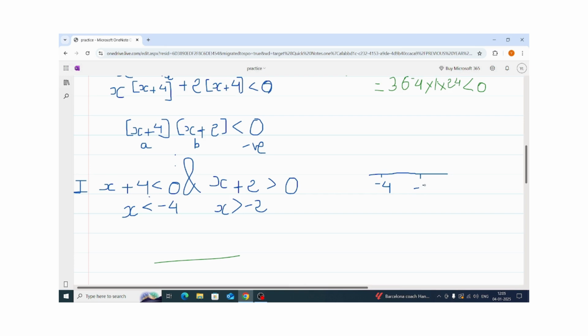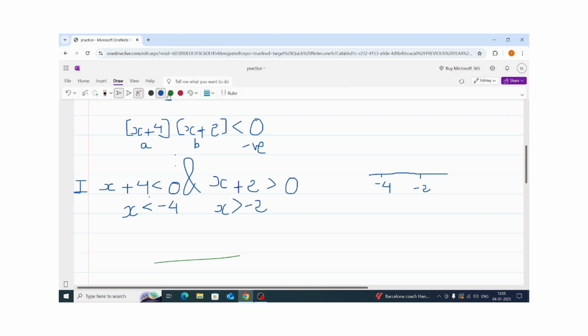Now I am saying that my x is less than minus 4, which means that this is going in this direction. Any x which is less than minus 4 will be to the left of the minus 4, right? And x is greater than minus 2, so greater than minus 2 will go into this direction.